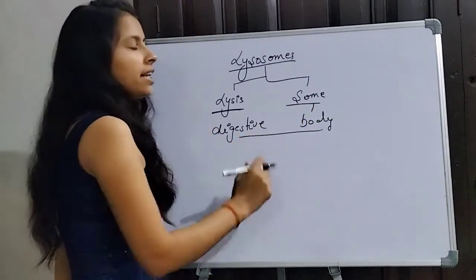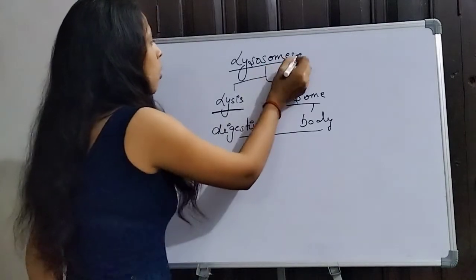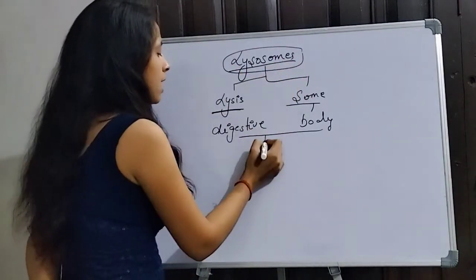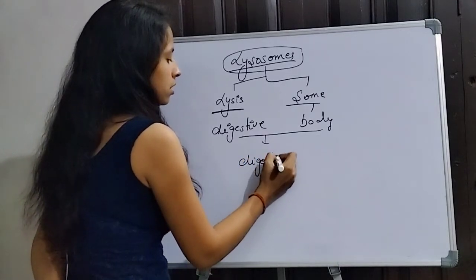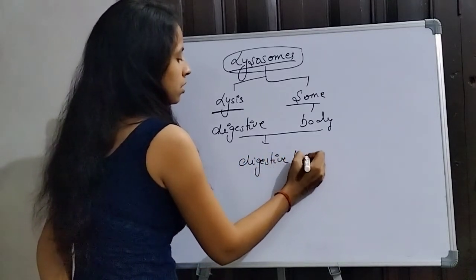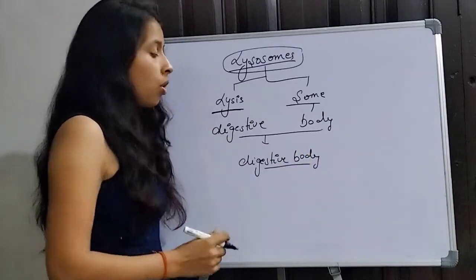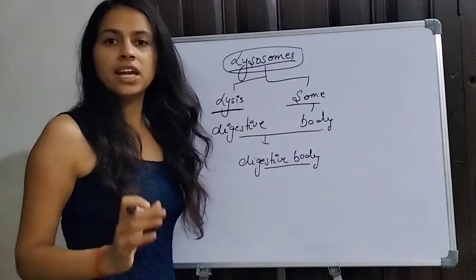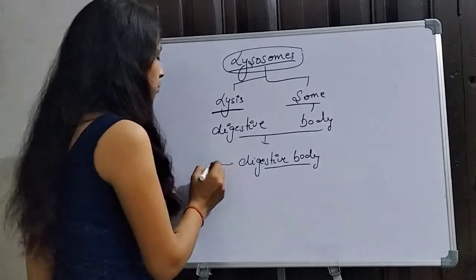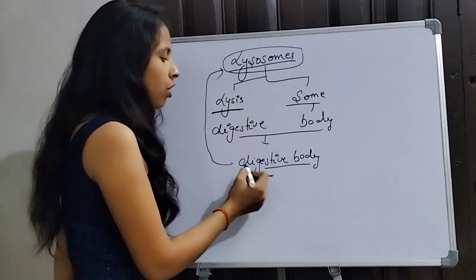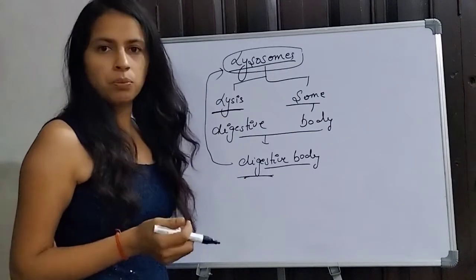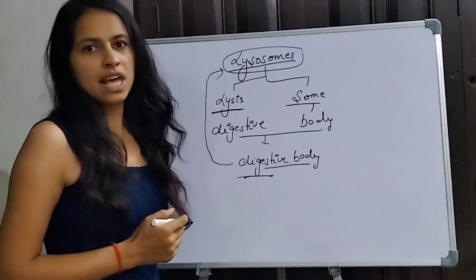So by combining these two words, the word lysosome means digestive body. The word digestive body indicates that there is something which contains enzymes which help in digestion of food or any other particles which are present in your cell.